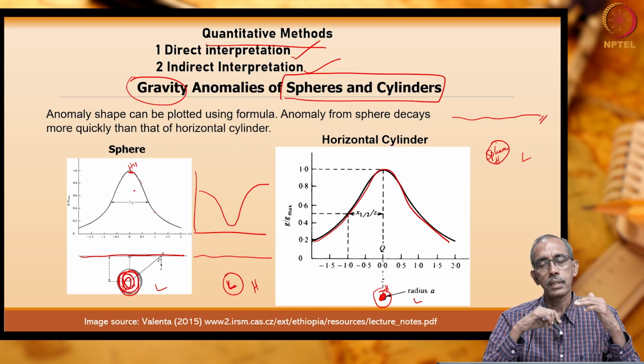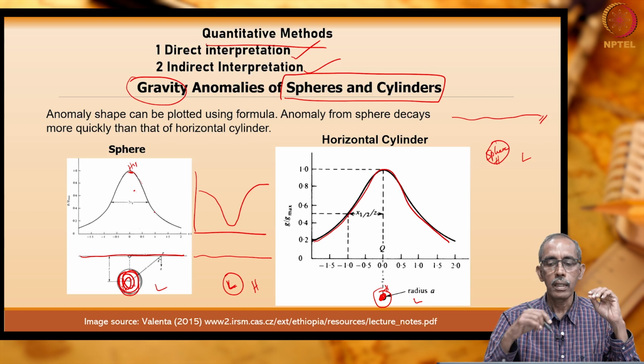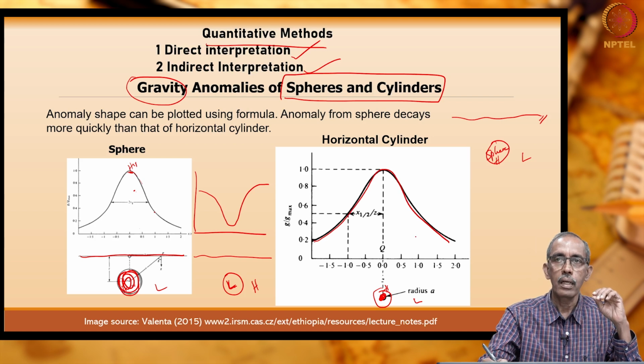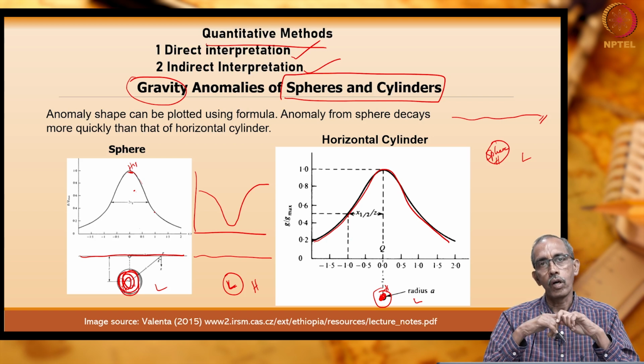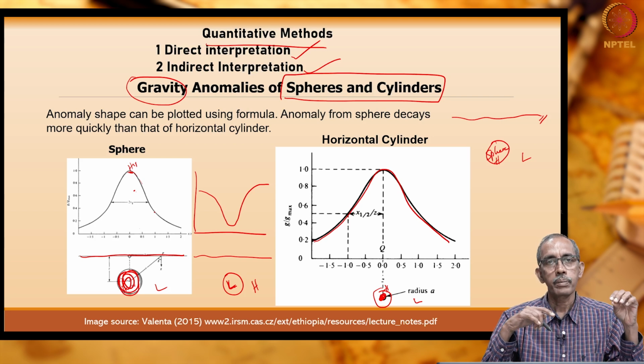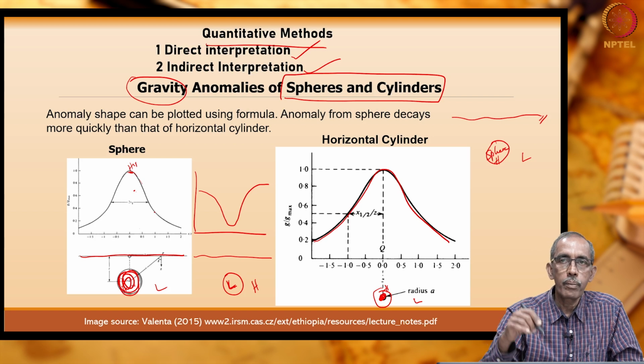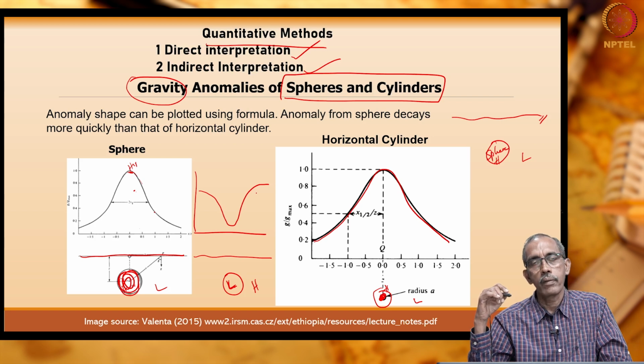So, this is how we can theoretically compute the gravity profile which we will measure at the surface for different buried bodies. For a sphere and a cylinder, we get more or less the same gravity profile.